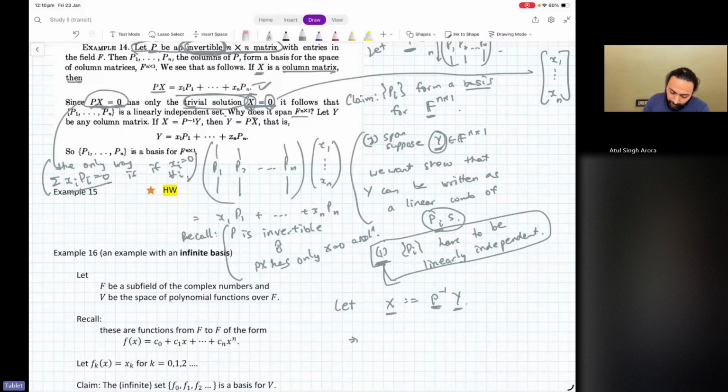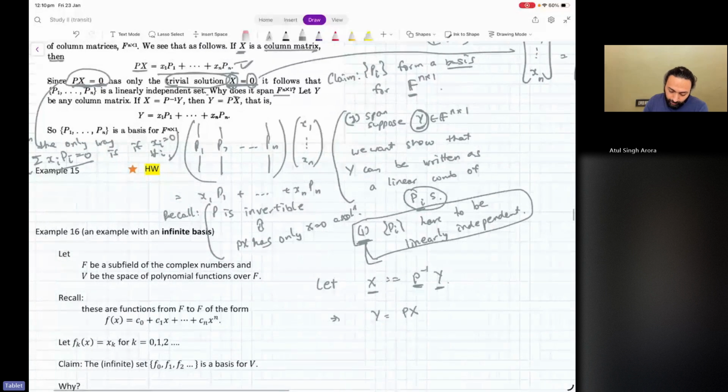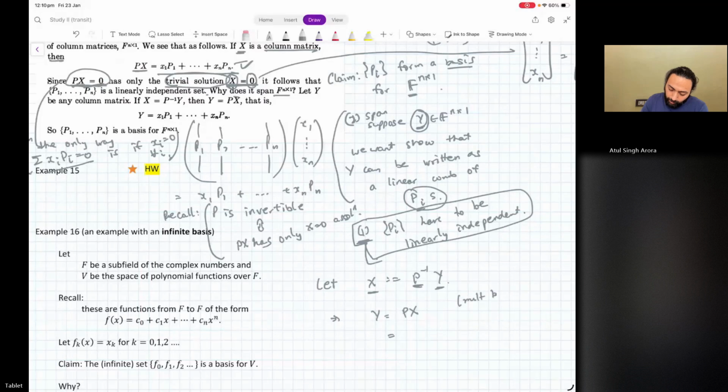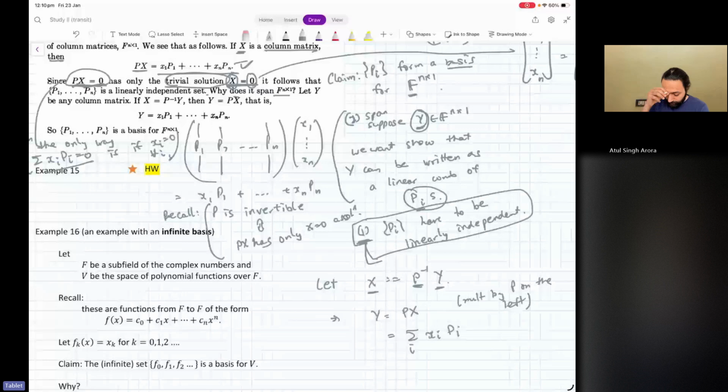And this would imply that y is basically just p times x, correct? Because p is invertible, I can multiply on both sides by p. So multiply by p on the left, right? And then this one can write as what? One can write it as the sum over i of xi pi, correct?